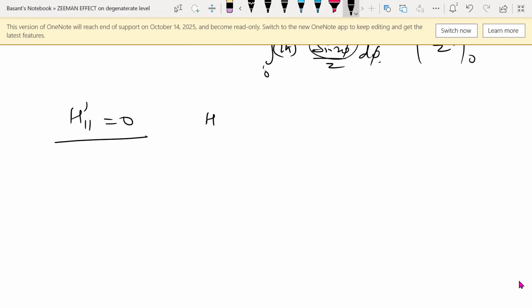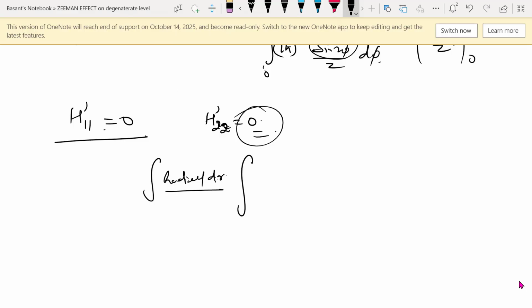Similarly, H dash 22 also gives 0 value. You can check this because here the radial part is the same. If we ignore the radial part, then we come to the angular part. The angular part for this function is sin phi.